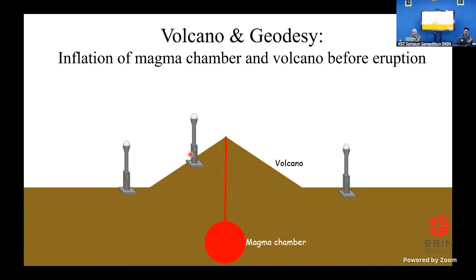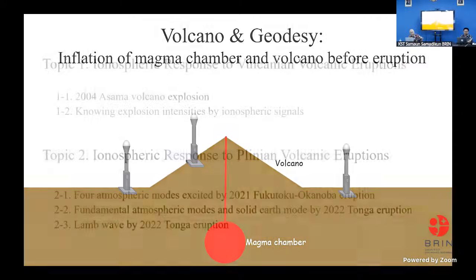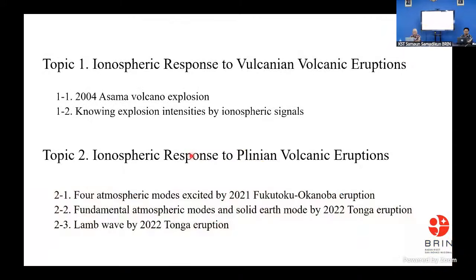We can also use these stations to monitor the ionosphere. I will show an example first: the 2004 volcanic explosion in Japan. We can tell the intensity of the explosion by these ionospheric signals.